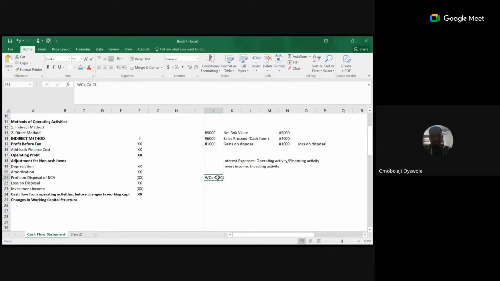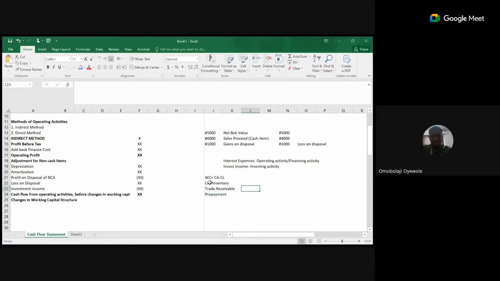Remember, working capital is current assets minus current liabilities. What are your current assets? Examples are your inventory, your trade receivable, and your prepaid expenses, or prepayments.